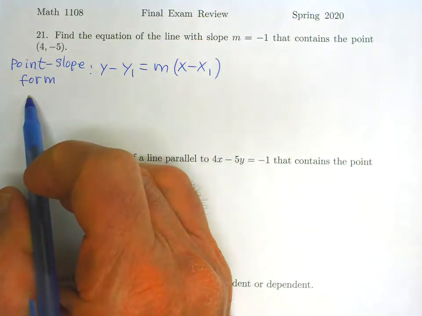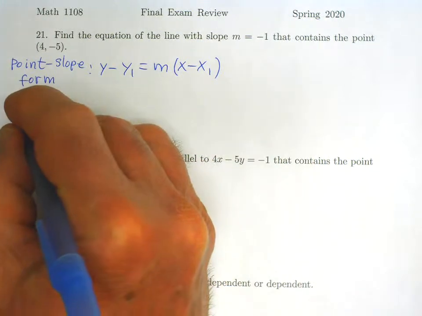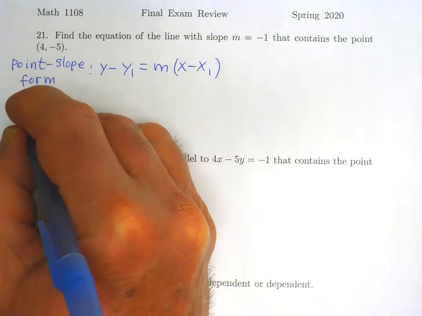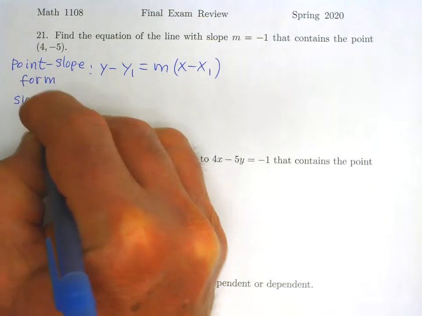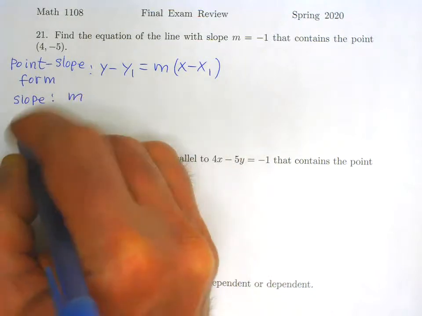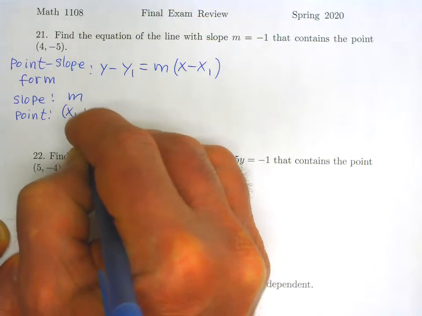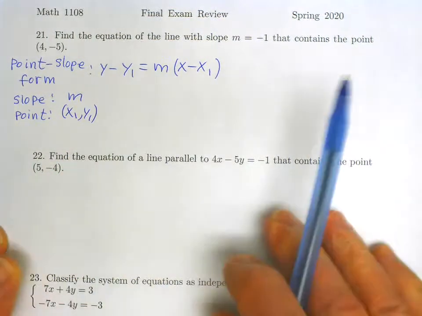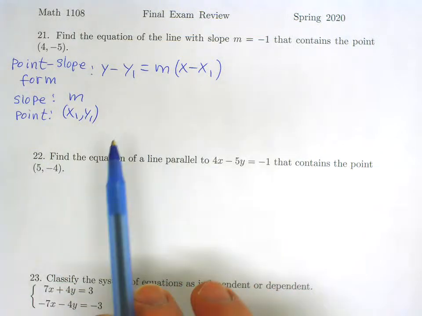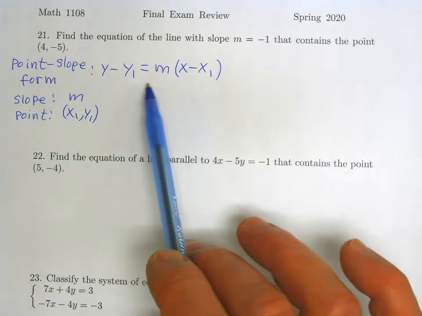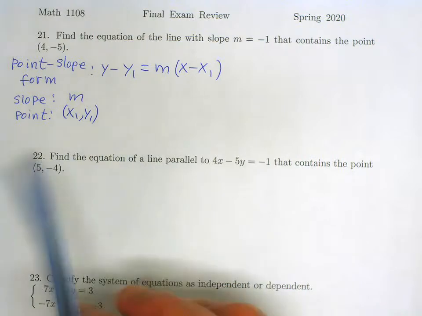So when using the point slope form, if we're given the slope m, and if we're also given a point on the line, x1, y1, then we can immediately write down the point slope equation based on that information.